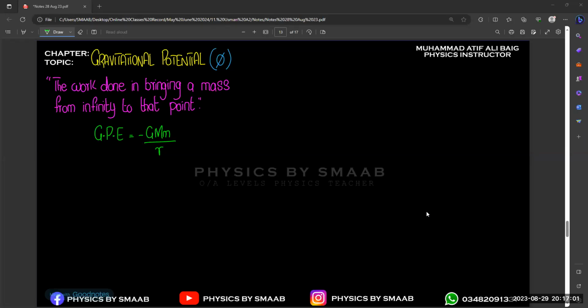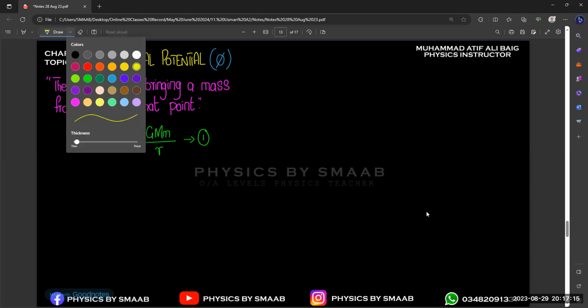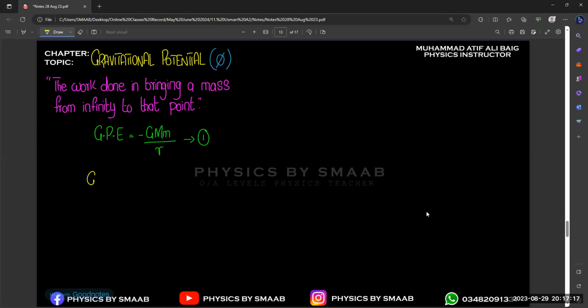So this is our first equation for gravitational potential, because of the work done in bringing a mass from infinity to that point. We also discussed what that point will be. If we talk from the basics, gravitational potential energy will be equal to mgh, right?